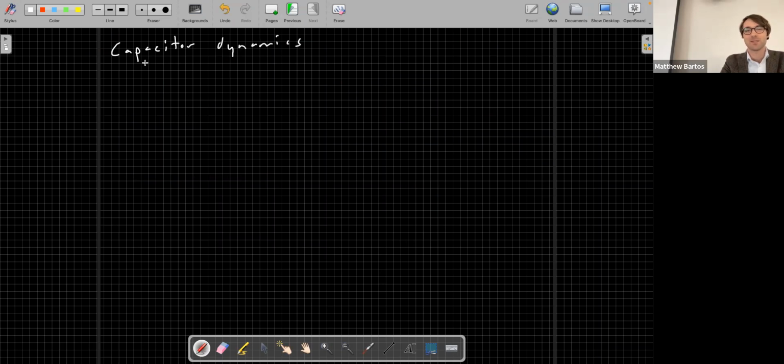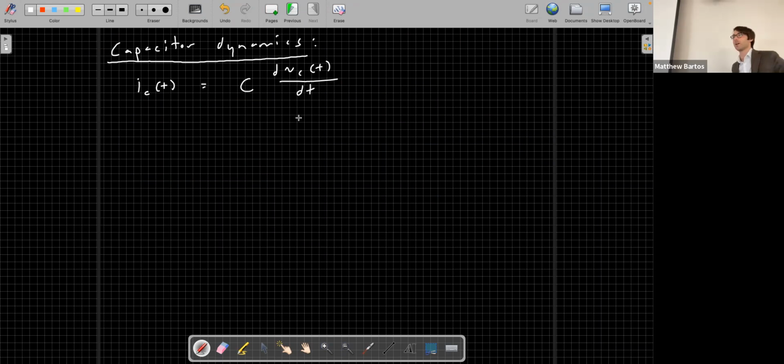This isn't something I expect you to memorize, but the capacitor dynamics are described by the following relation: the current through the capacitor is equal to the capacitance times the derivative of the voltage across the capacitor with respect to time. Okay, so we have an expression for the current in the capacitor and an expression for the current through the resistor.